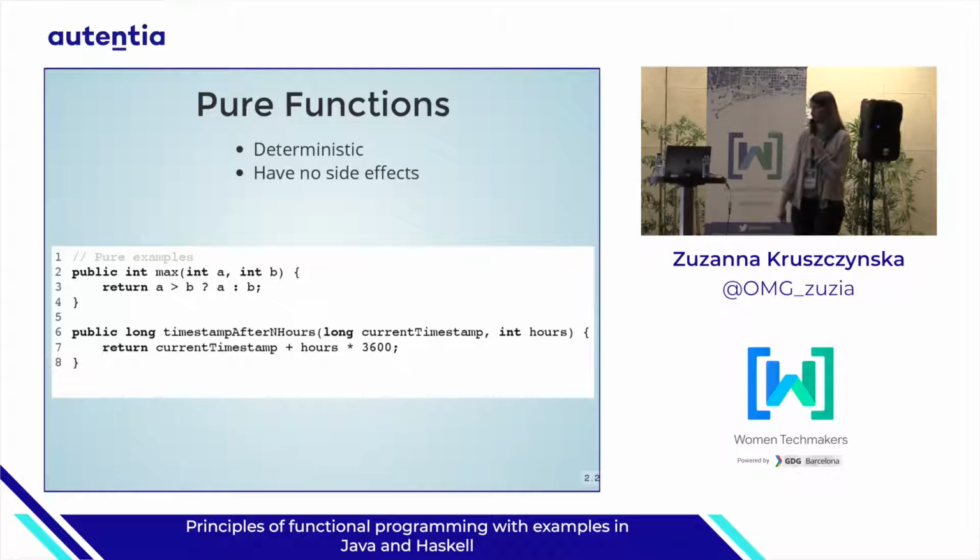The other property is having no side effects. Side effects here mean changing the global state of an application or depending on global state of the application. That is basically, that means that the function doesn't affect anything outside of its own scope, and it also doesn't depend on things.